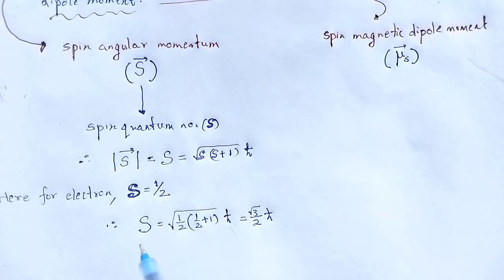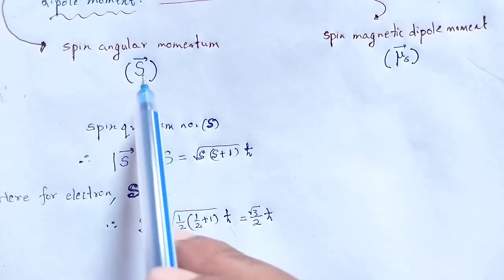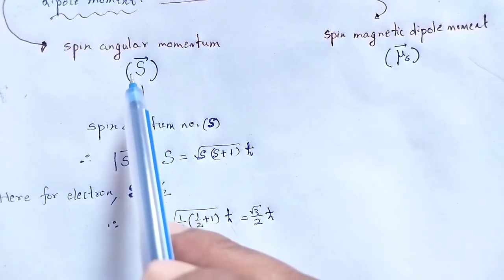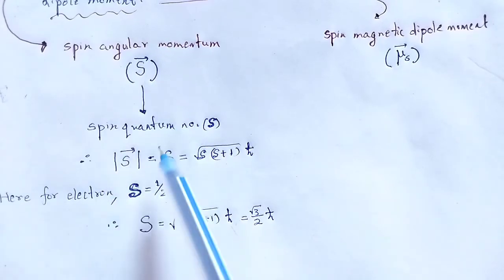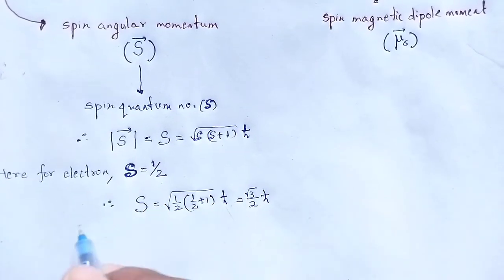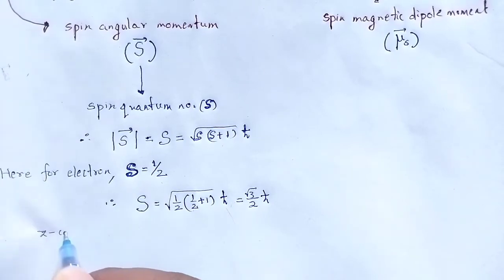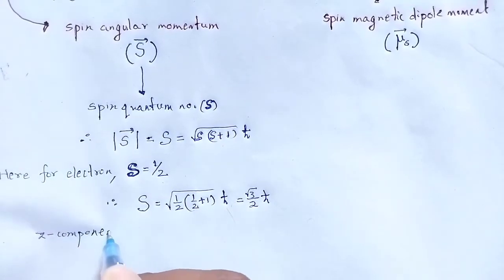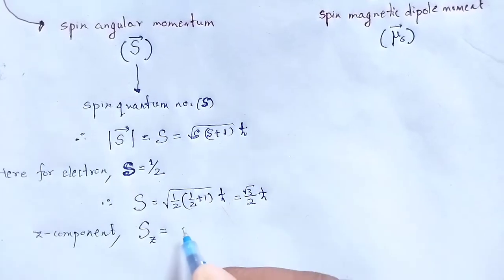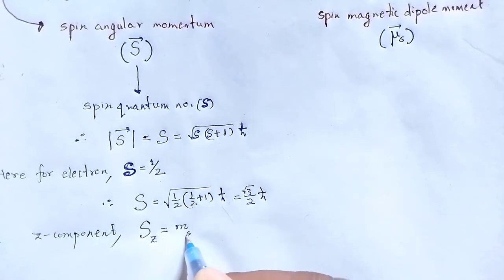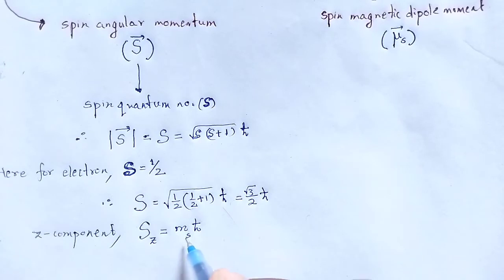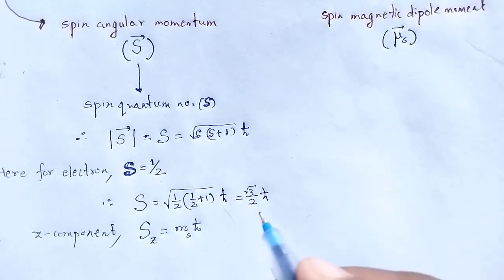And its z component, the component of the S vector, meaning the spin angular momentum along the magnetic field direction, is the z component of the spin angular momentum. S z equals ms h cross, where ms stands for the spin magnetic quantum number.